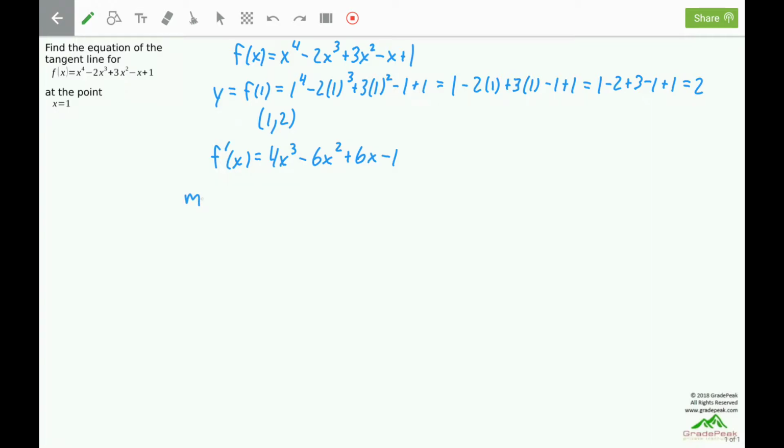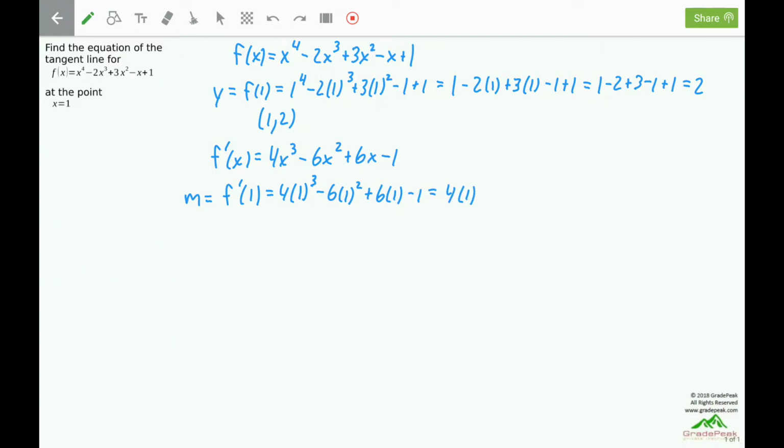The slope is found by plugging the x coordinate into the derivative function. So x coordinate's a 1, f prime of 1, and that will be 4 times 1 cubed minus 6 times 1 squared plus 6 times a 1 minus a 1.